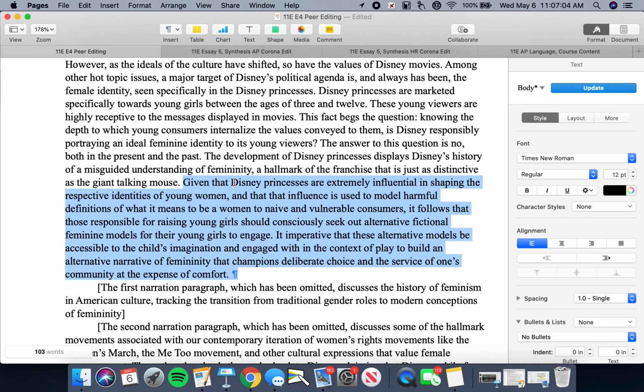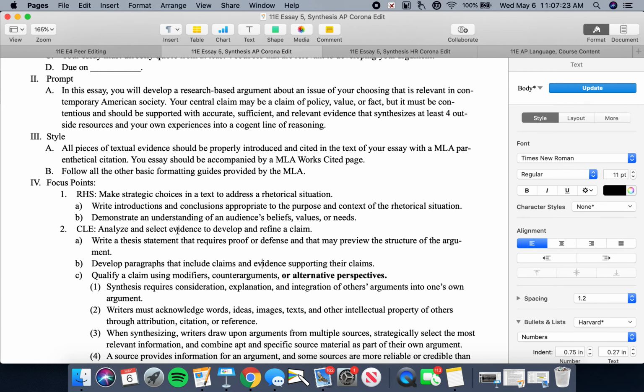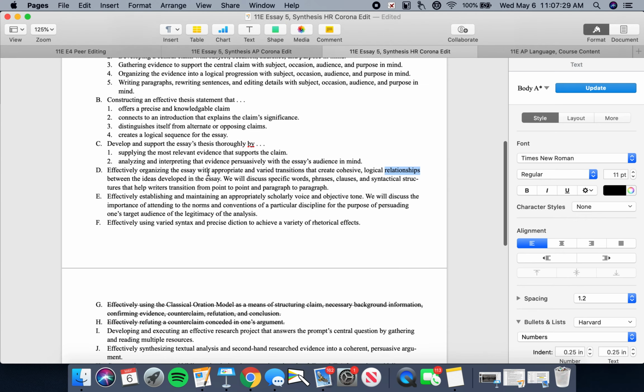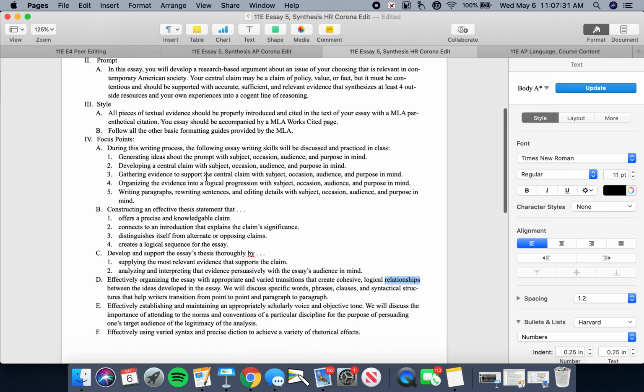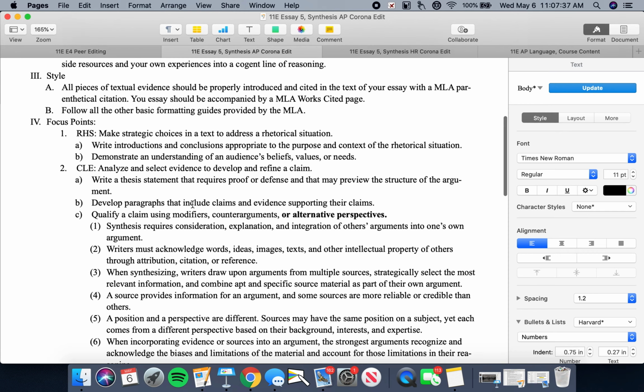So not only is this an effective line of reasoning, any effective line of reasoning is made up of coherent, cogent paragraphs. So that hits some focus points about the development of the essay's thesis in the body paragraphs for the honors and regular course and also in the AP course.